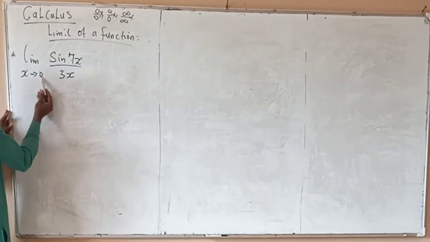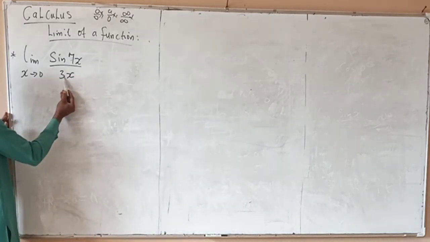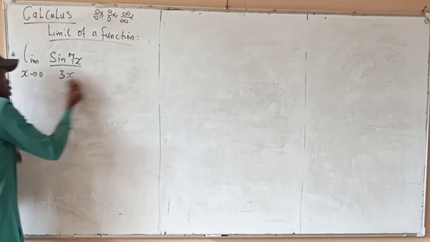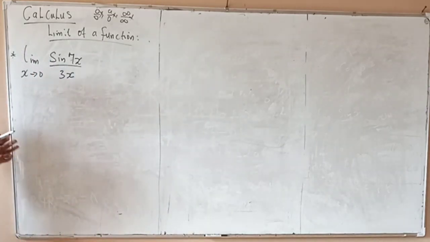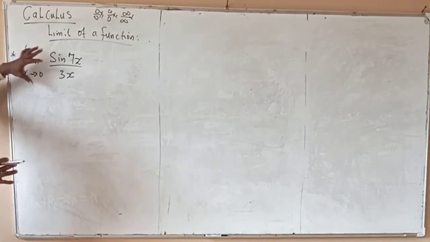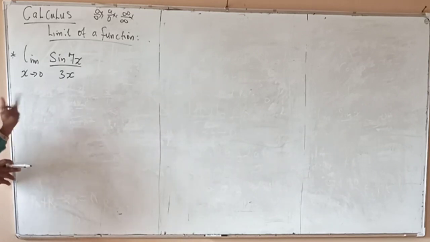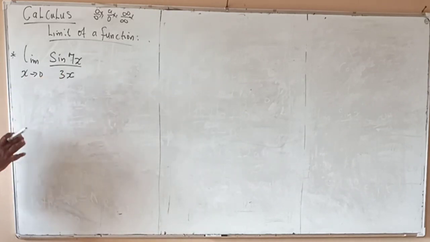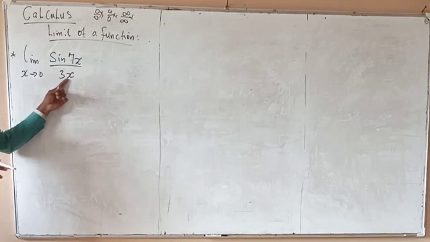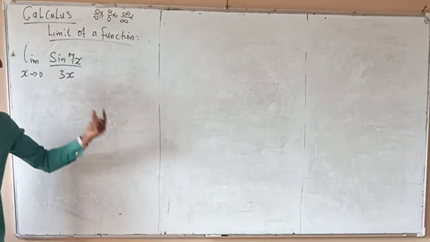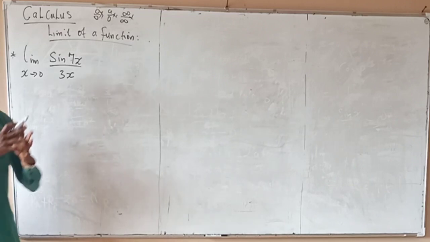If I put 0 here, 3 times 0 will be 0, the denominator will be 0. So there's no need of substituting directly again. Don't just differentiate first. The first thing, don't put 0 there without checking if the denominator will be 0. If the denominator is 0, there's no need of solving that because it will be undefined.